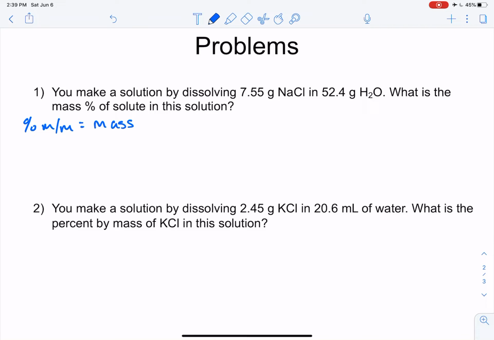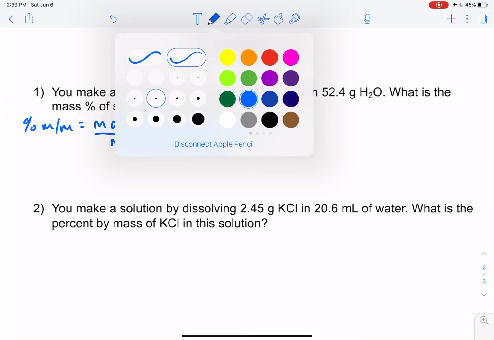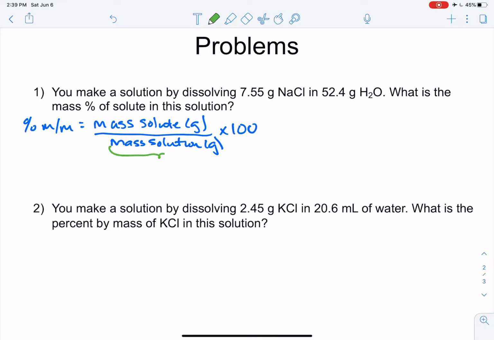And that is the mass of our solute in grams divided by the mass of our solution, also in grams, times 100. Making sure that we remember that the mass of our solution is mass solute plus mass solvent.